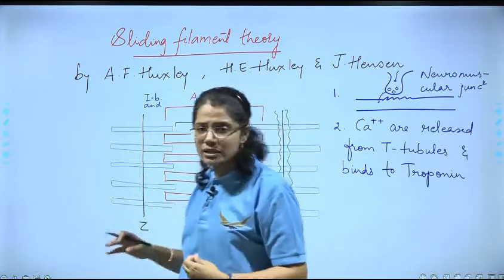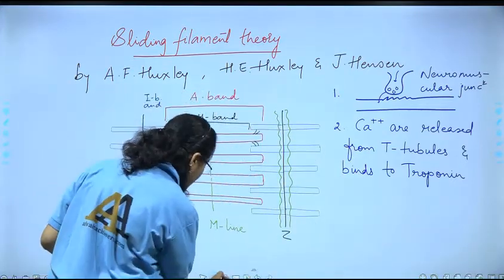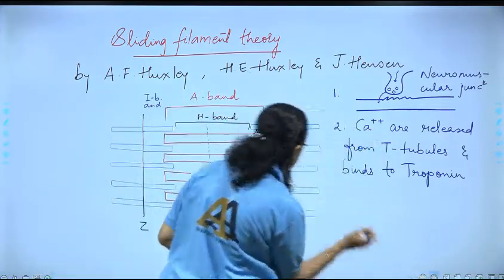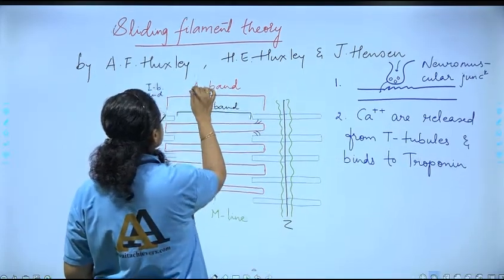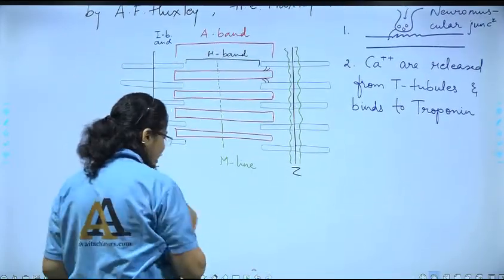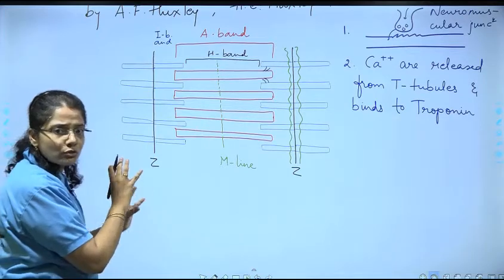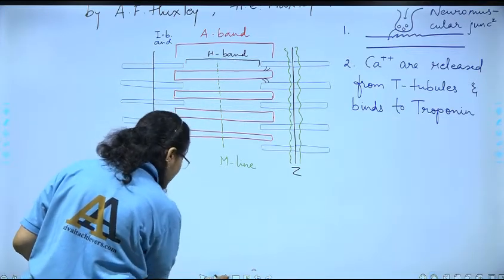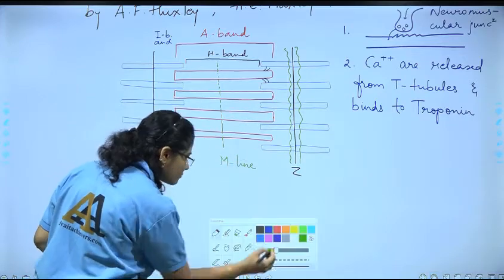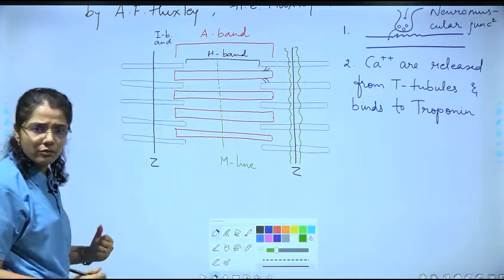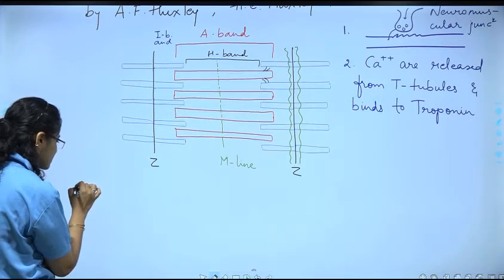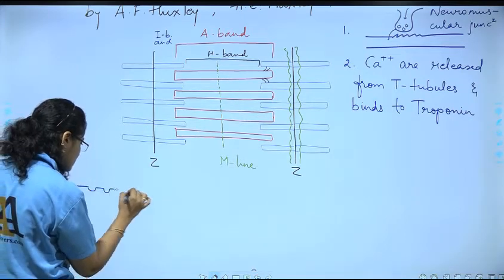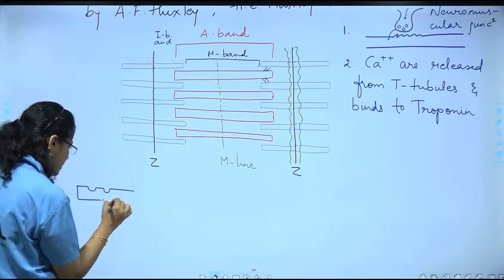So if we draw that a little, then you will be able to understand. Okay, I am drawing here on this side, so pay attention a little. We have drawn actin with blue color, so I have to take that color so that you understand. So what was the condition? This is a generalized figure to understand.